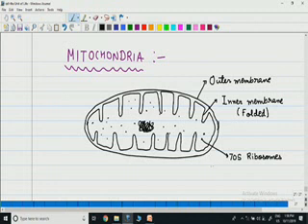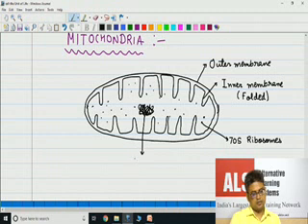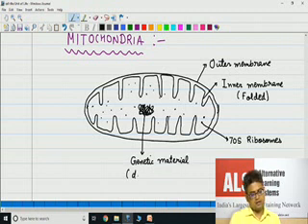Okay, and then we have the genetic material. It is double stranded circular covalently closed DNA.